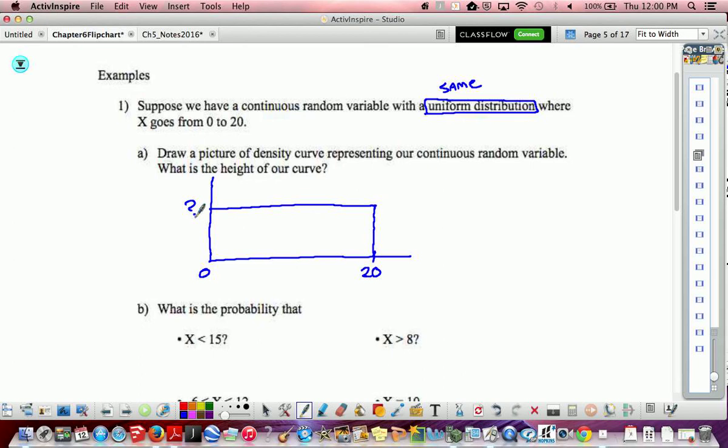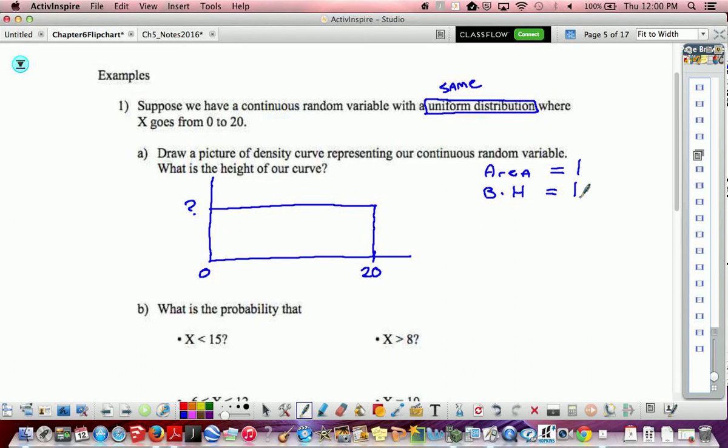Here's my first question for you to help you. Okay? Oh, good. Area has to equal 1. What's the shape? Not a square, but a rectangle. So how do you find the area of a rectangle? So base times height here has to equal 1.